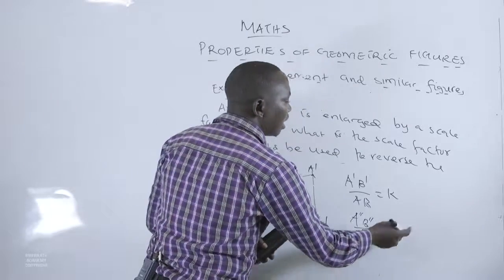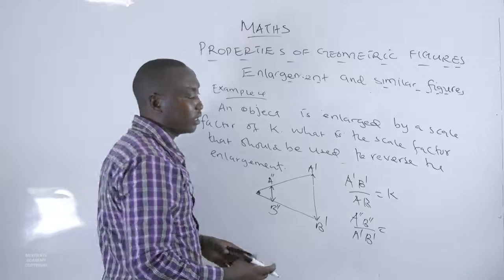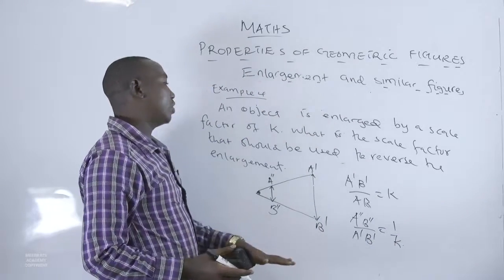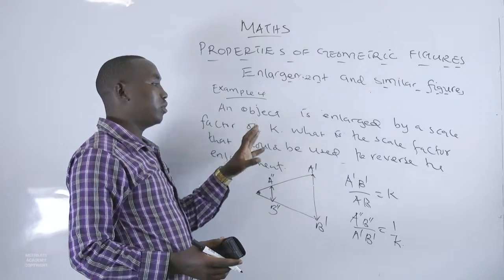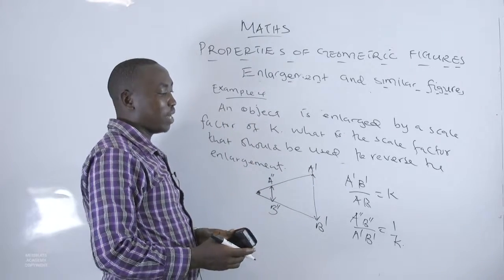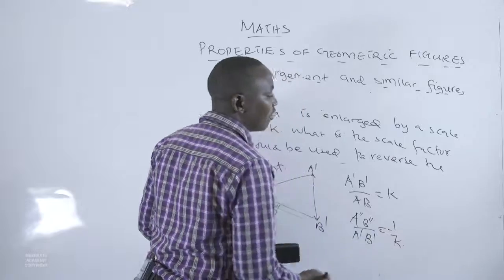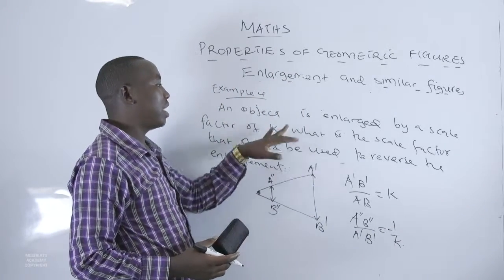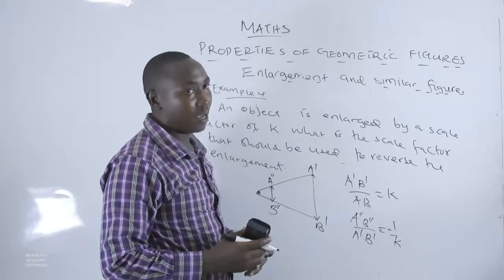And that will tell us that we must also inverse the scale factor to 1 over k. So to reverse the process of enlargement, we should use the scale factor of 1 over k. That is the inverse of k.